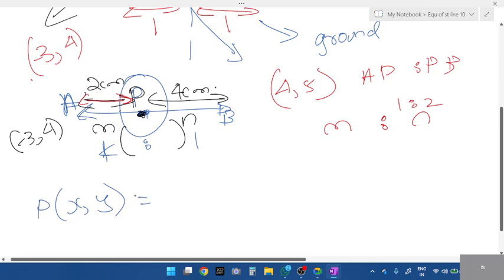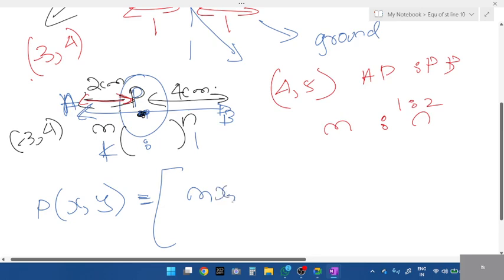Whatever we are going to find, that should always be on the left hand side. P of x comma y is equal to. Tell me the section formula. All of you will tell me, students.